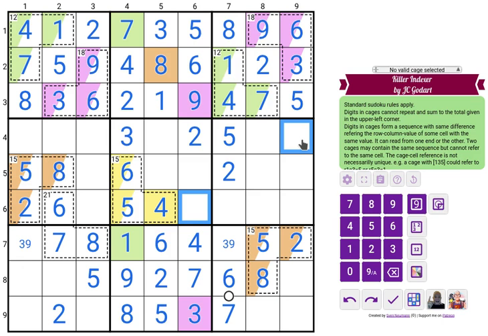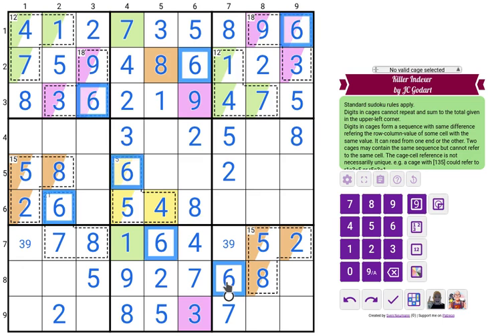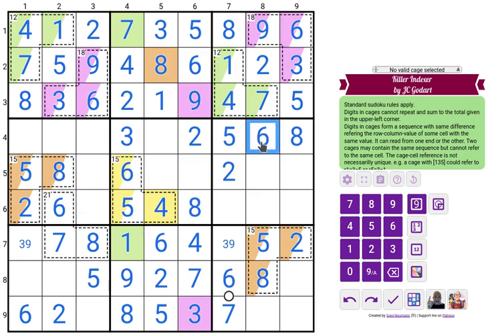Here and here. Six maybe, yes. It's all the sixes. 7.